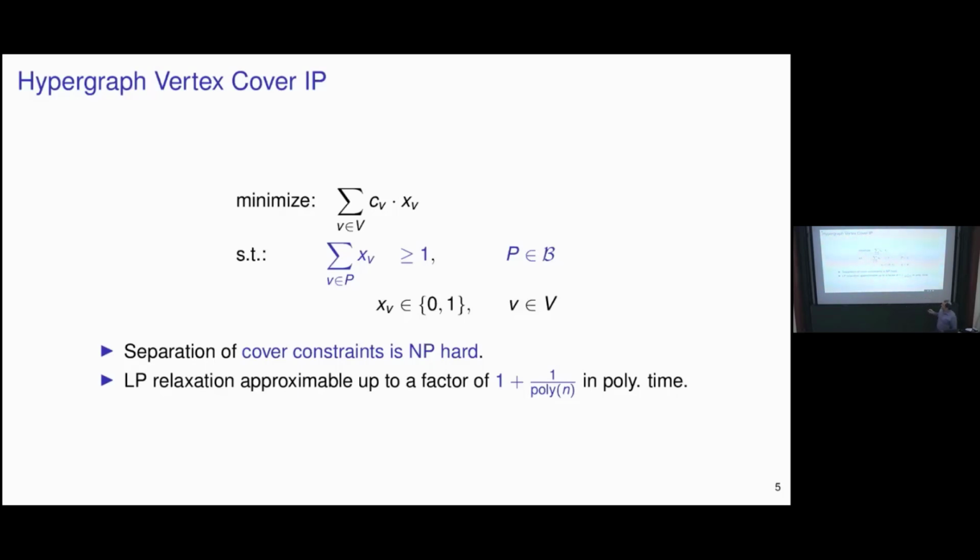But we can at least approximate this LP in polynomial time, where you can round these x values in a certain way with respect to some epsilon that you choose, and then apply dynamic programming similar to NAPSEC.